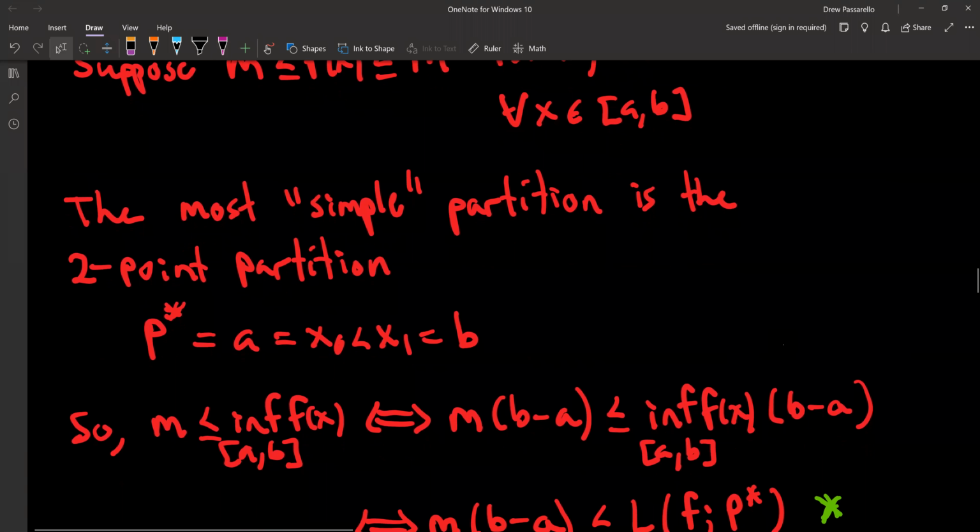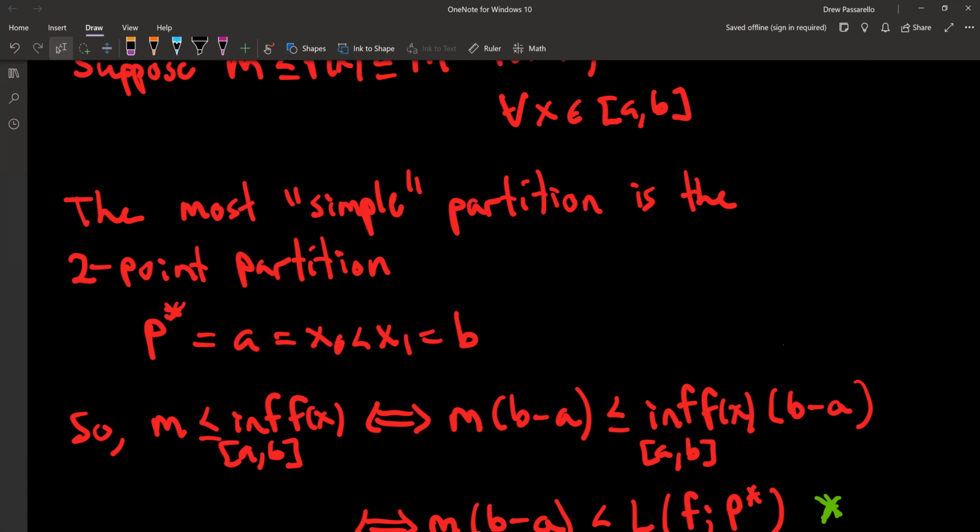And this 2-point partition, I'm calling it P star. So P star is equal to a, which is our x naught, less than x1, which is equal to b. So we know little m is a lower bound to the function, so little m is less than or equal to the infimum of the function on the entire interval [a, b].